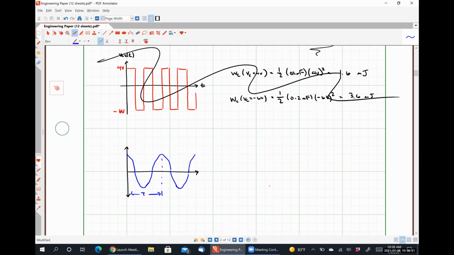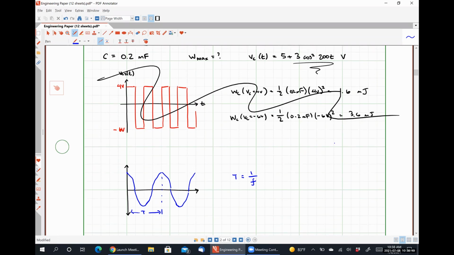You guys learned in engineering 121 that the period of a sinusoidal function is inversely related to the linear frequency. So period is the time it takes for a cycle to occur, and the frequency is the number of cycles per second. Well, that 200 up there is what's called the angular frequency. Omega is equal to 2 pi times f.